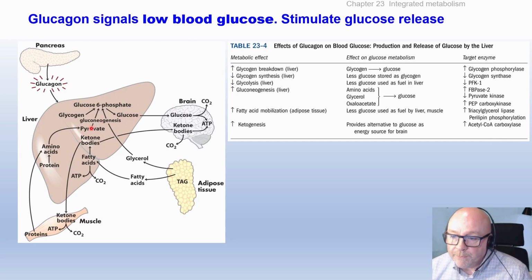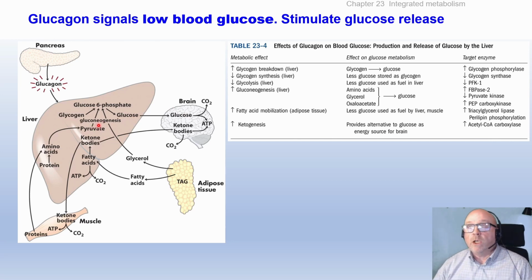We get the change from glycolysis to gluconeogenesis, which is glucagon regulated, and then production of ketone bodies from fatty acids, and the breakdown of proteins and amino acids to pyruvate for gluconeogenesis, all to supply the brain primarily with glucose.